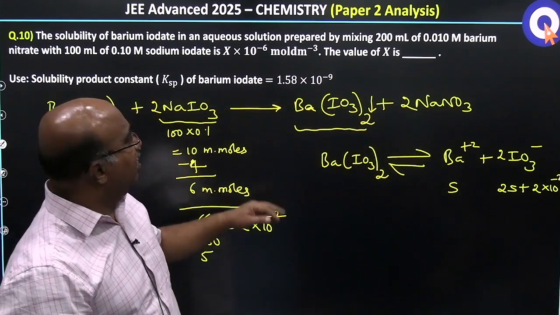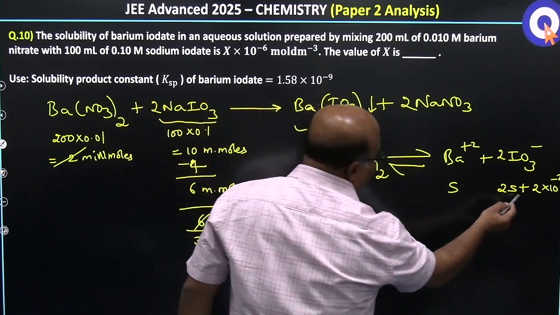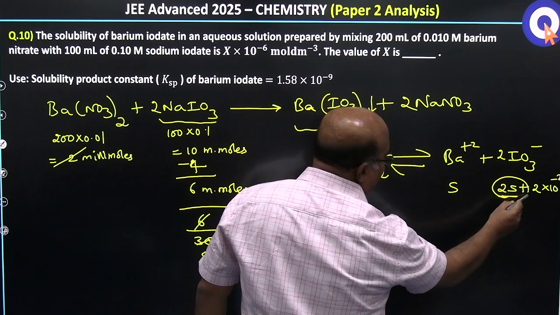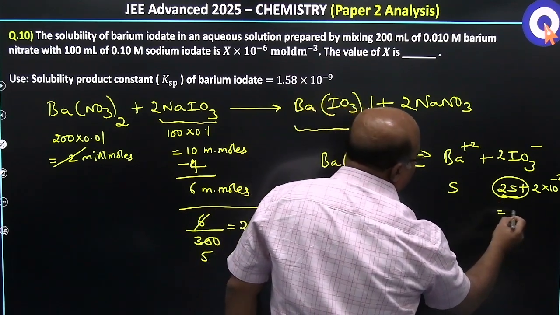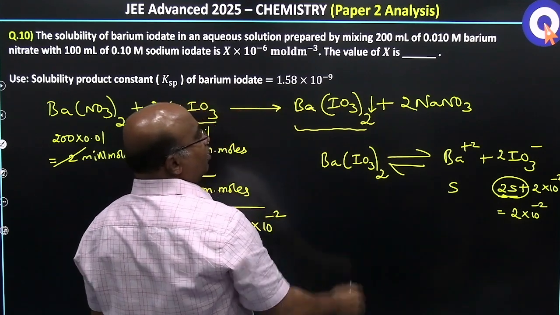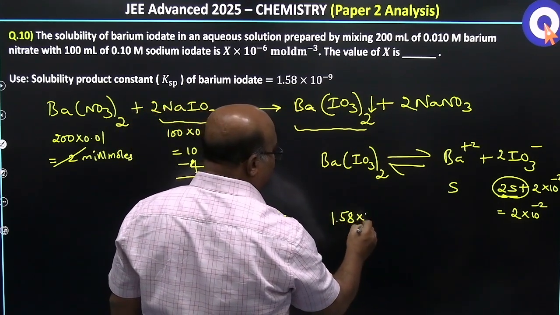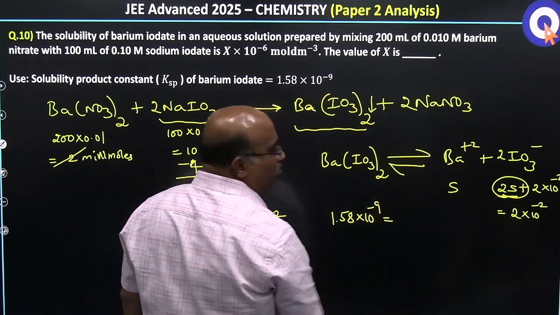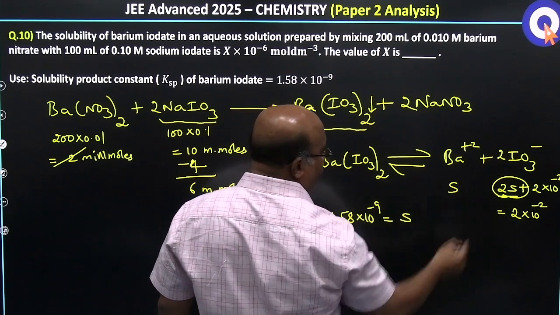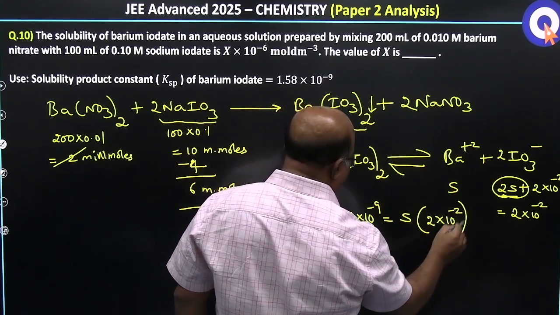But it's sparingly soluble with a Ksp value of 10 to the power of minus 9. This 2S value is negligible when compared to this. So the overall concentration of IO3 minus becomes only 2 into 10 to the power of minus 2. So now the solubility product Ksp, that is 1.5 into 10 to the power of minus 9, is equal to the barium ion concentration, that is S, times the IO3 minus concentration whole square, that is (2 into 10 to the power of minus 2) square.